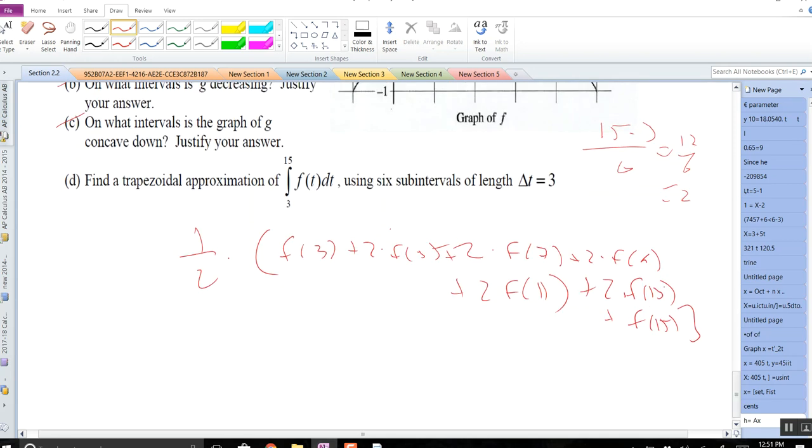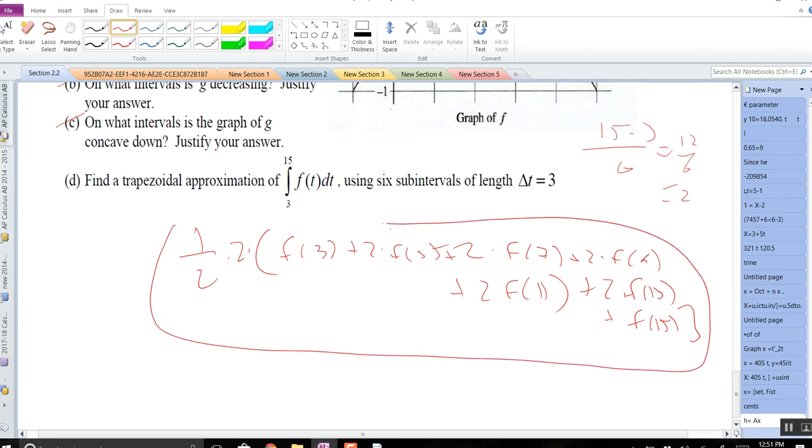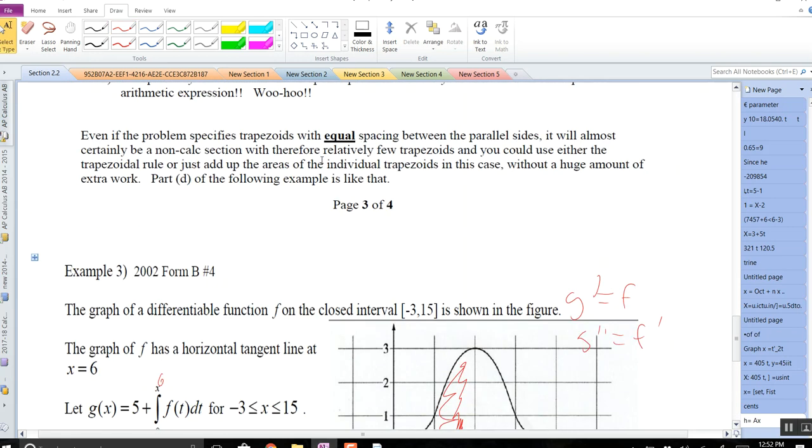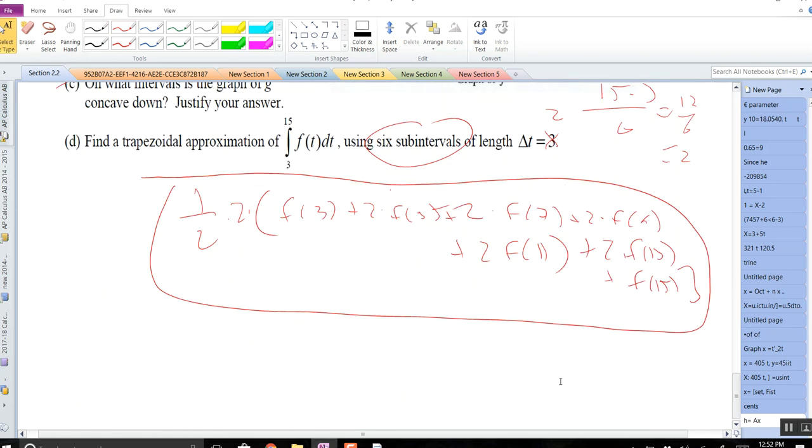And your subintervals will be of width 2, and that will be your answer. And your delta t should be actually 2 for 6 subintervals.